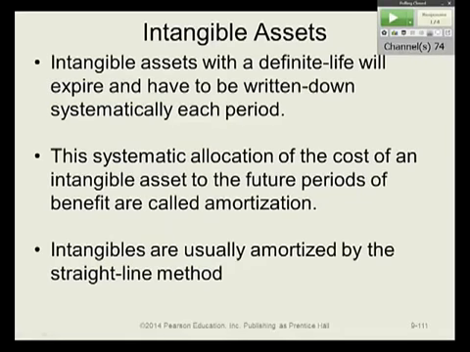Now, we also have to remember that we have two types of intangibles. Some intangibles will lose value, others are tied to the entity as a whole. So let me summarize this for you. You have two types of intangibles.